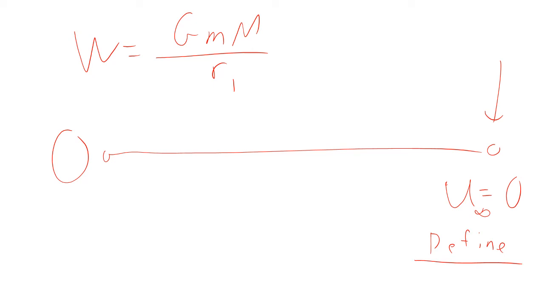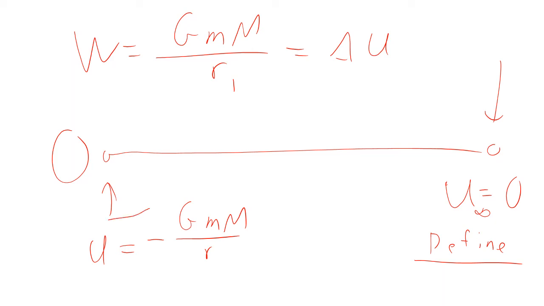Work is change in potential energy, so we had to increase by G M m over r1 in order to get to zero. That would mean my initial potential energy was minus G M m over r1. Let's forget the r1 and r2, since we're infinitely far away, and just call it r.